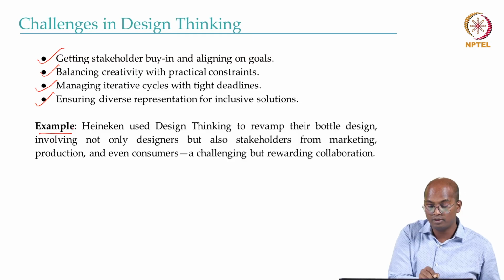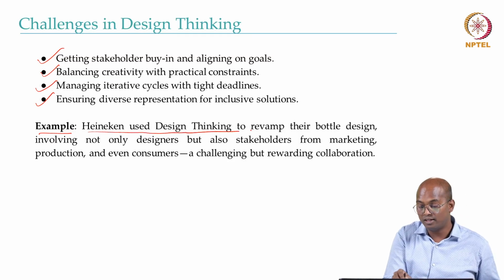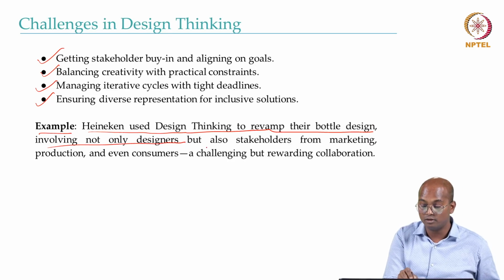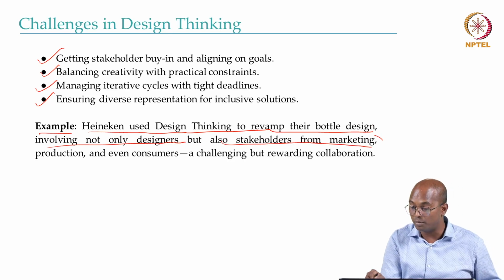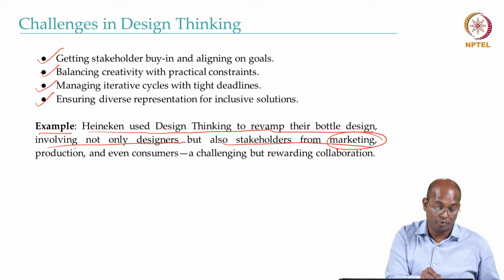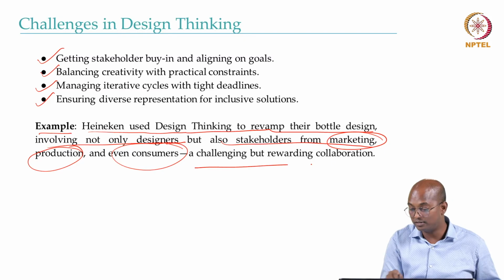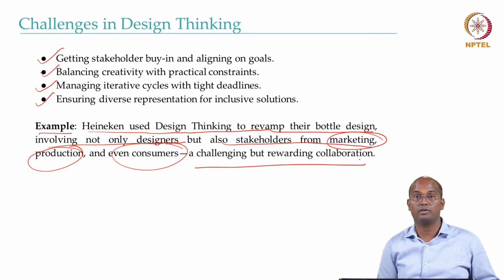The example is Heineken, which used design thinking to revamp their bottle design, involving not only designers but also stakeholders from marketing, production, and even the consumers. A challenging but rewarding collaboration.